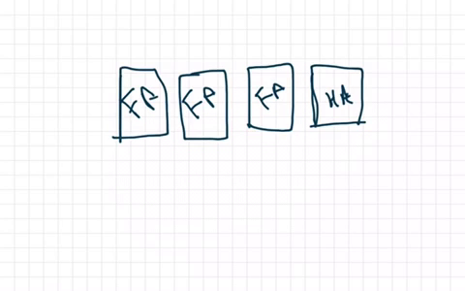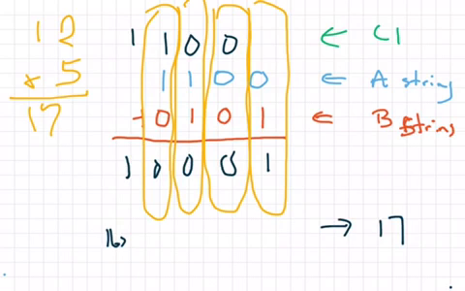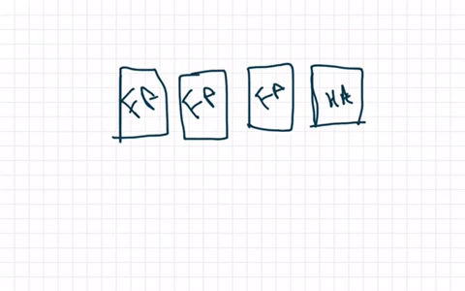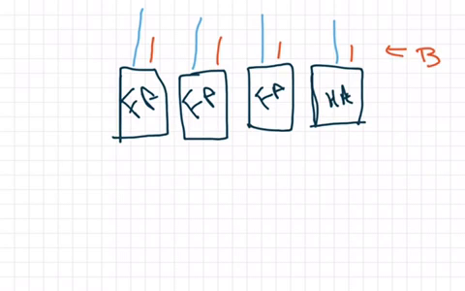And on the adders, you have a, let's see, what color choices did we use? We used blue, orange, and black. You have an A string, and you have a B string. And this is where you put in your numbers. And you enter them in as zeros and ones.